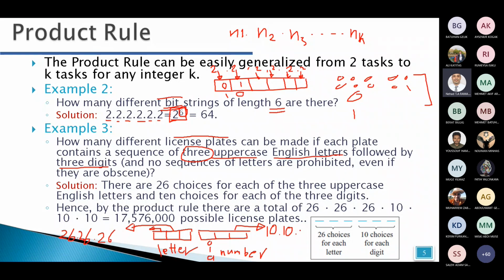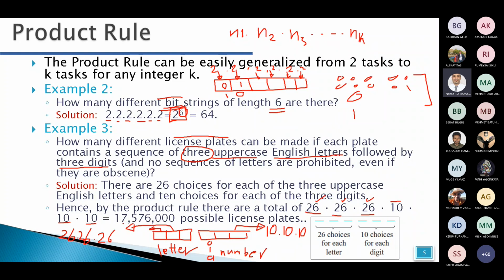Third number, multiplied by another 10 ways. So 26 multiplied by 26 multiplied by 26 multiplied by 10 multiplied by 10 multiplied by 10.